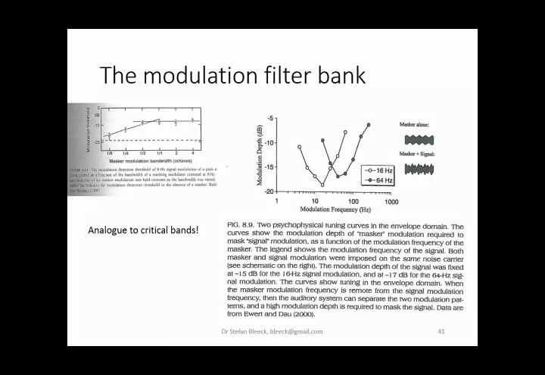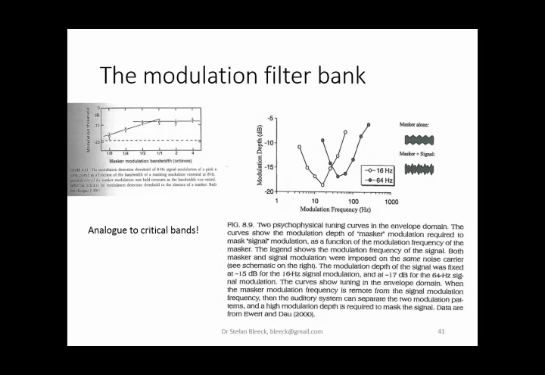And you detect not the stimulus, but you detect the modulation. So that's what we did with the TMTFs, temporal modulation transfer function. You detect the modulation of a sound. And if you want to detect one of the modulations, it turns out that you can mask this detection of a modulation with a different modulation.